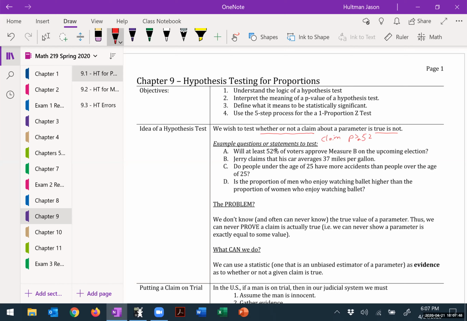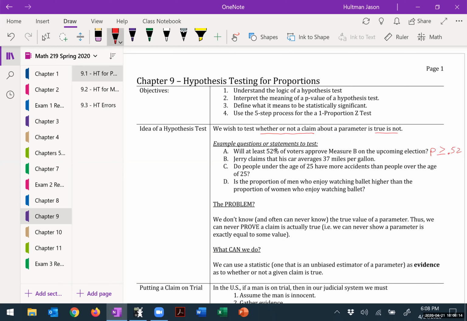We could also have a claim based on averages, in which case we'd have mu. Let me write out the claims here for A, B, C, and D. For part A, will at least 52% of the voters approve measure B? So the claim here is P is greater than or equal to 0.52, at least 52%.